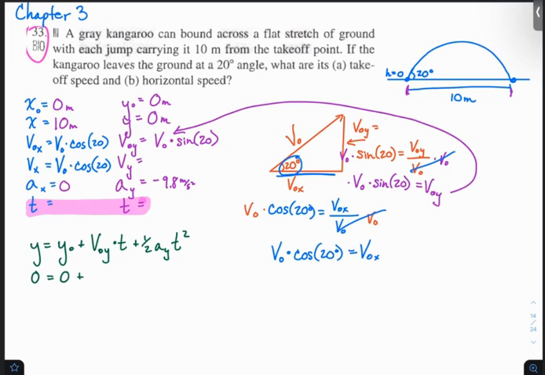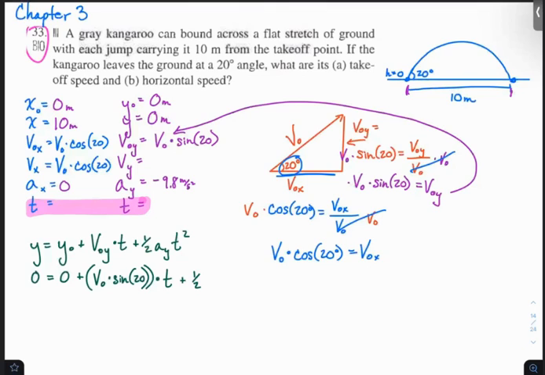The starting velocity in the y direction was this whole thing, v naught times sine of 20 degrees. And then don't forget to multiply times time. I know I don't know what that is either. Plus 1/2 times my acceleration in the y direction, which we know is negative 9.8, times time squared.